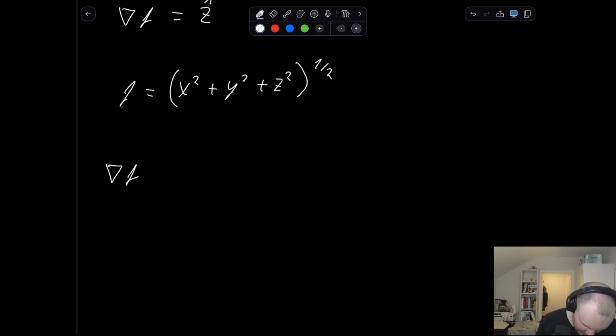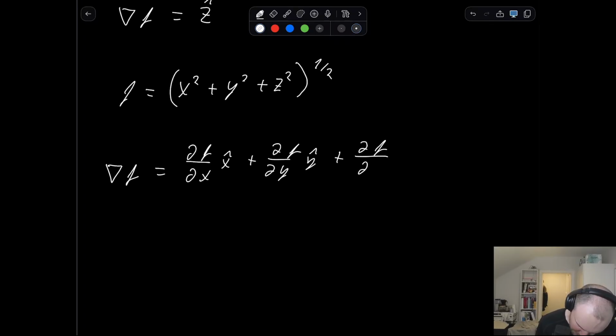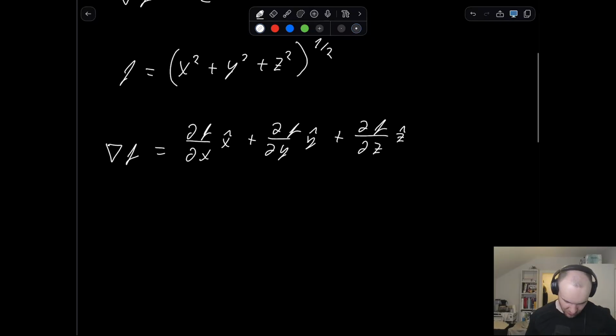Do the gradient again, which is partial f in terms of x in the x hat direction, partial f in terms of y in the y hat direction, and partial f in terms of z in the z hat direction, right? The easiest thing is to do this component-wise.